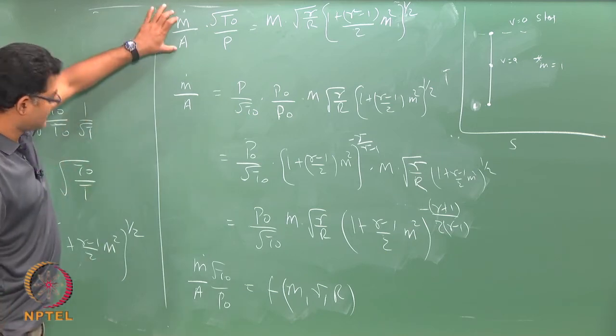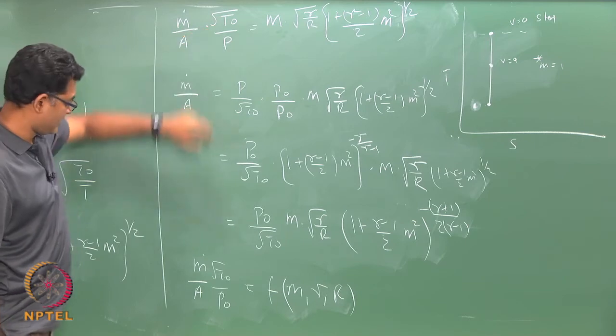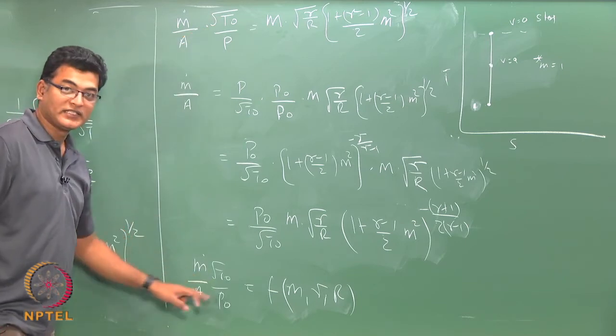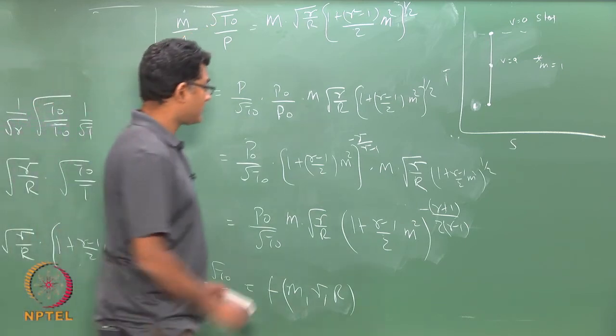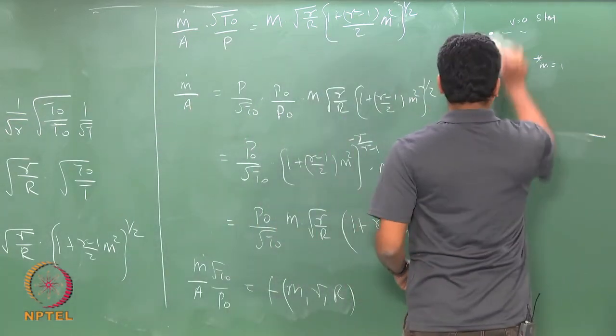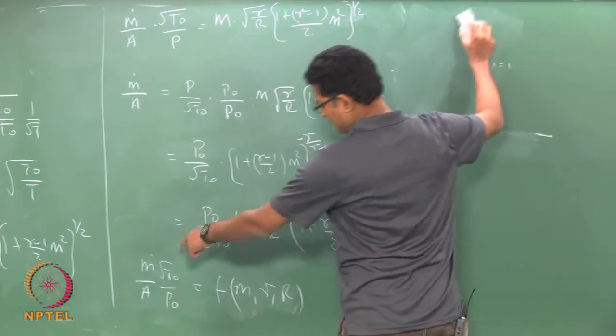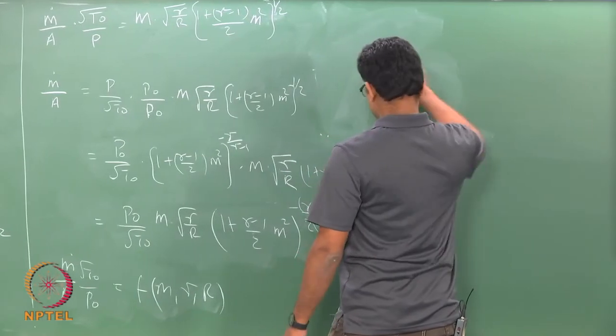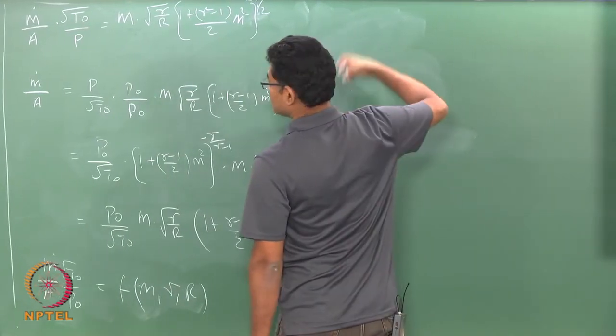So my mass flux now depends only on my stagnation temperature and pressure. If a change is needed, you have to change your stagnation pressure or stagnation temperature.